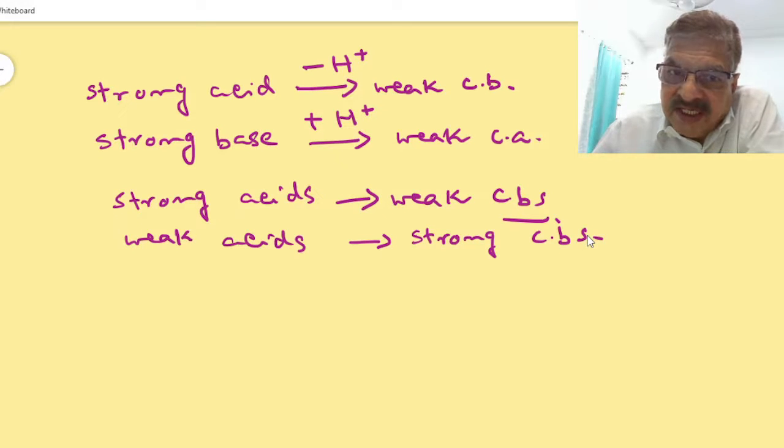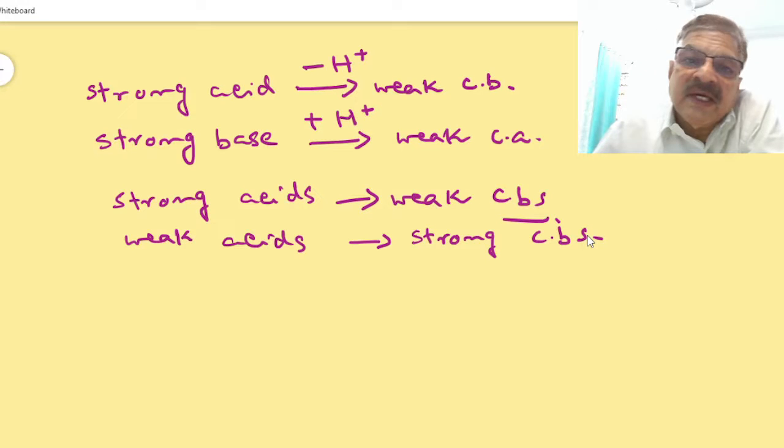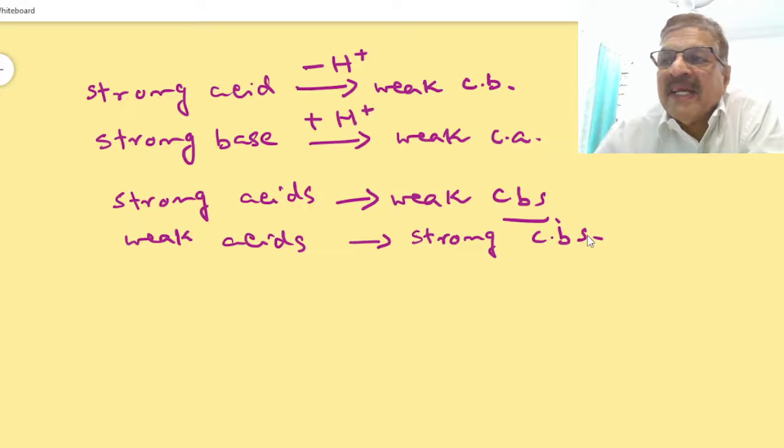Now, the relative acidity of different compounds. How will you compare it? The relative acidity of different compounds can be compared using their pKa values. Now, how will you compare the basicity, that is, the relative basicity of different compounds?